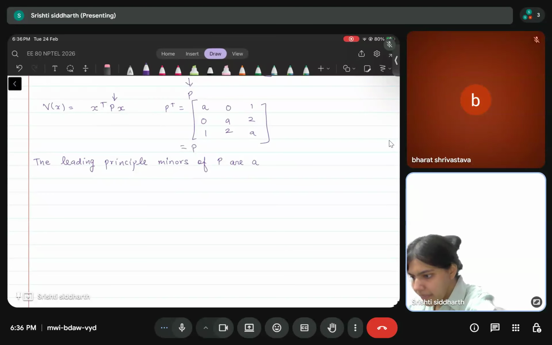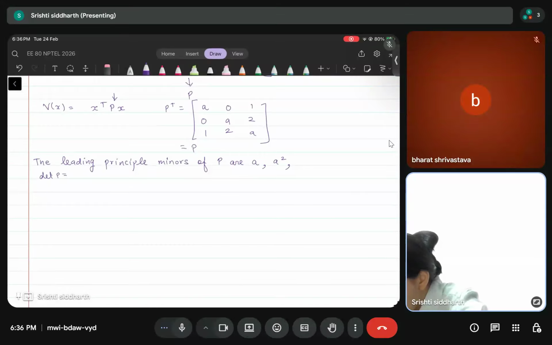So a, then a square. Then we have this relationship: a times a square minus 4, plus 1 times minus 8.